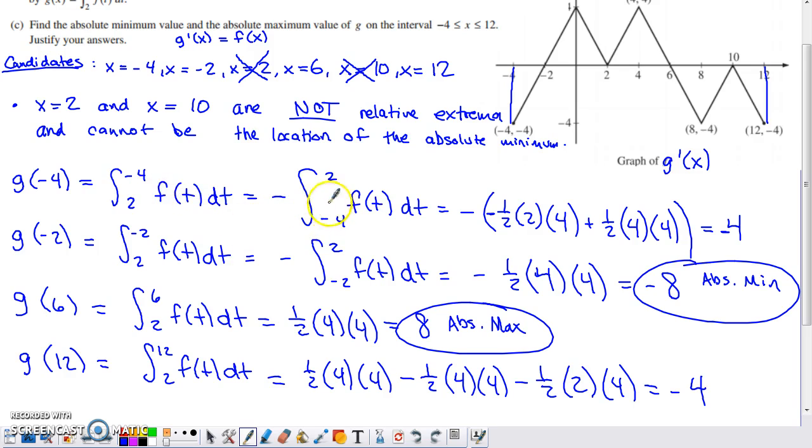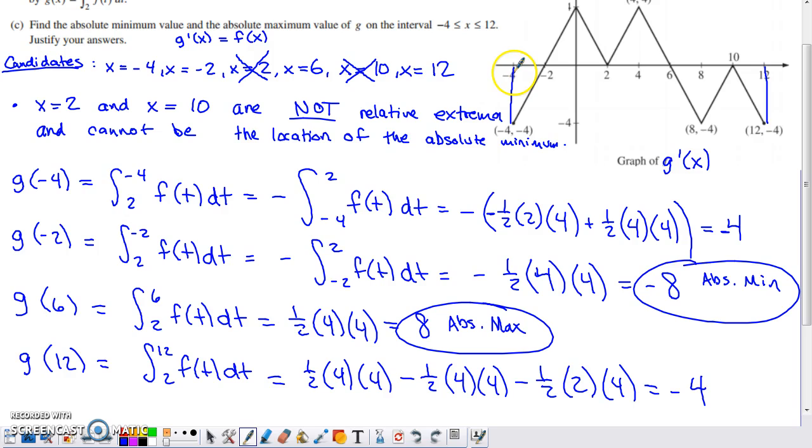So we've done this a bunch. Swap the limits of integration, hang a negative out in front, and then you've got to take some time using areas of triangles to figure out the value of g of -4. If you think about g of -4, you've got this triangle right here that sits below the x-axis, and so the area of it is going to come back to us as a negative value.